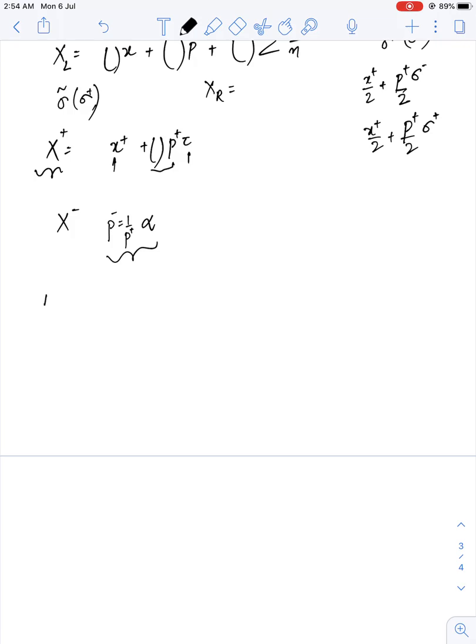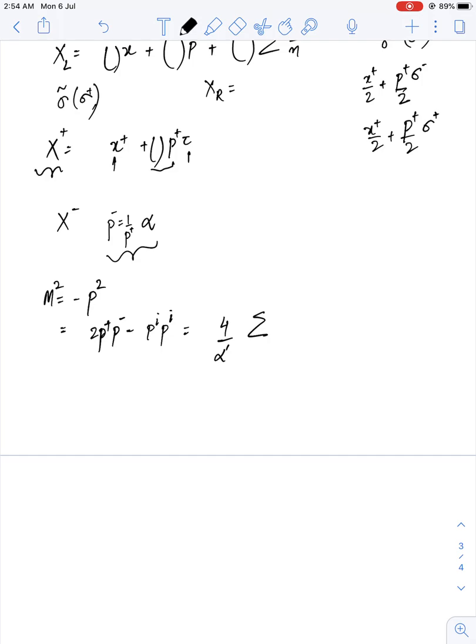So here the mass is simply p square minus p square, so it's something like 2p plus p minus and minus of pi. Yeah, I remember this one.